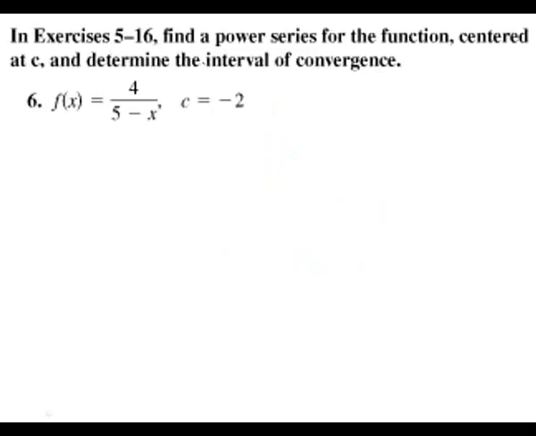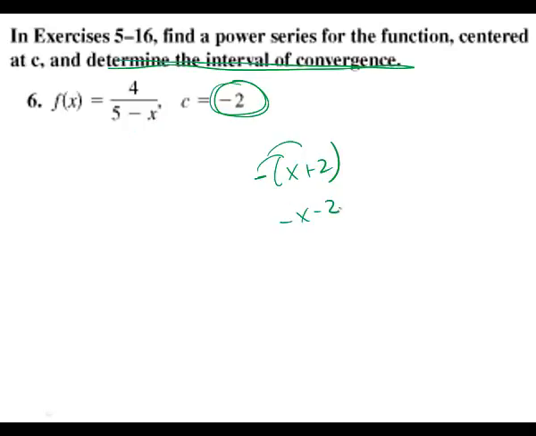All right. Power series again. I'm not going to worry about the interval of convergence on this one. We did enough of those yesterday. All I want to do is create the general term. Okay, so let's try that with this one. I've got to still get it into that a over 1 minus r, but before that, notice I have a c value, right? So I have to create an x plus 2 with that, but there's already a negative in front. So technically I distribute, and I have to figure out what I would put in that blank to make 5.